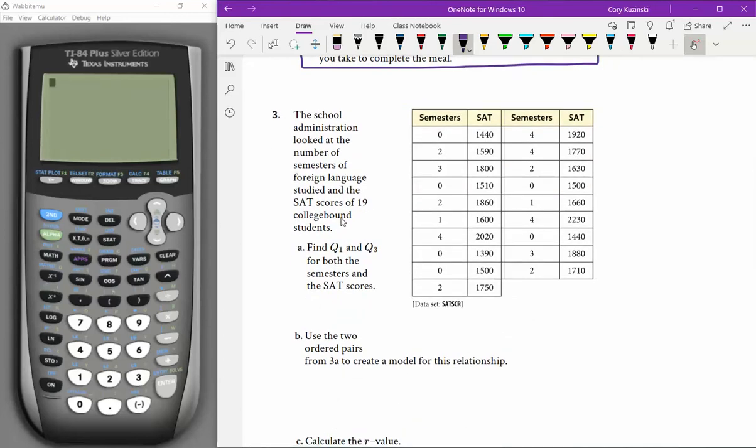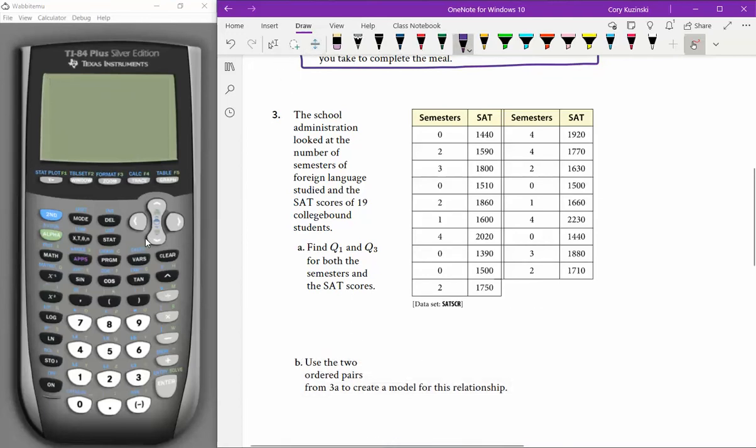All right, the school administration looked at the number of semesters of foreign language studied and the SAT scores of 19 college-bound students. Here are those 19 students, with the semesters of foreign language they took and their SAT scores. Find the Q1 and Q3 for both semesters and SAT scores. For semesters, let's put this data into the calculator.